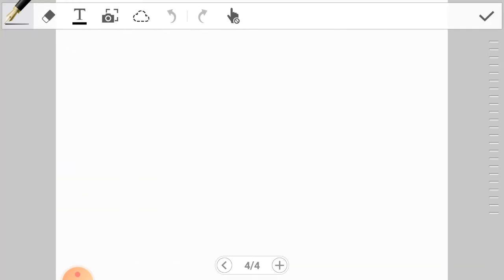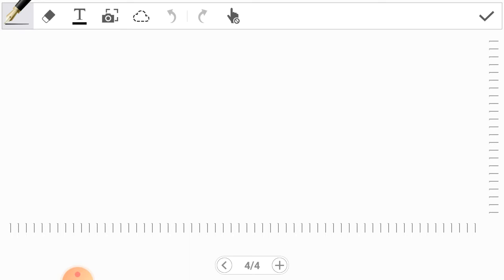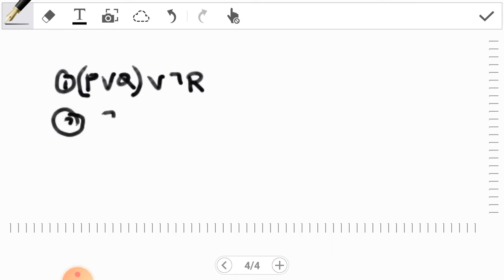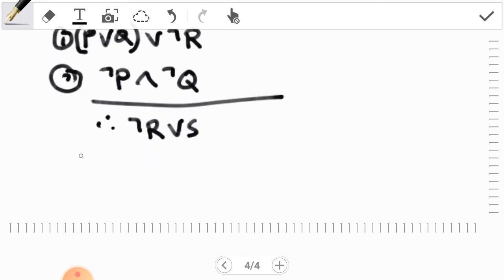Premise number 1, we have P or Q, or not R. Premise number 2, not P and not Q. Therefore, not R or S is our original conclusion.